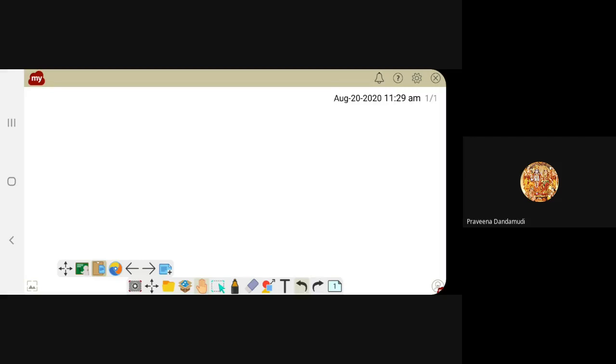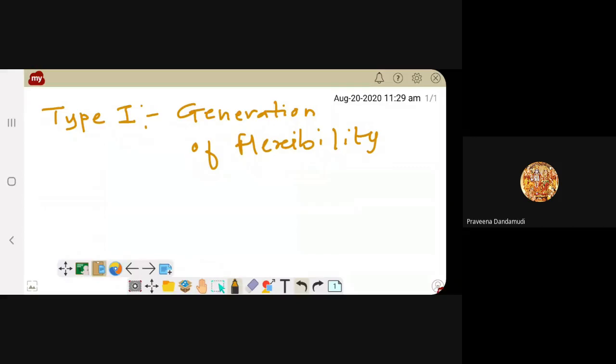The first problem, type 1, generation of flexibility matrix. Okay, this is the main heading.